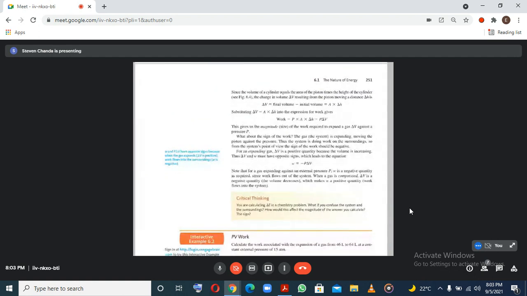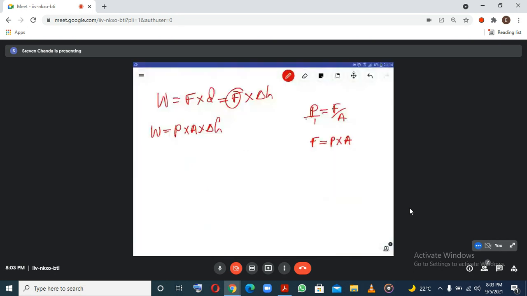Now, there is something interesting here. You know that when you multiply area with height, you get volume, isn't it? Here this is the change in height, so the change in volume is equal to area times the change in height. So this means that your work is going to be pressure times the change in volume.